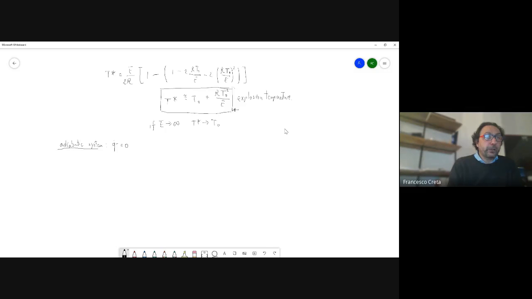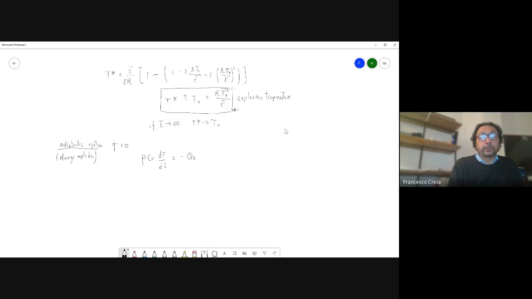So let's write it here. Always explodes. How do we write down the system? Very easy. In the system of ordinary differential equations, you only consider the Q plus part, okay?